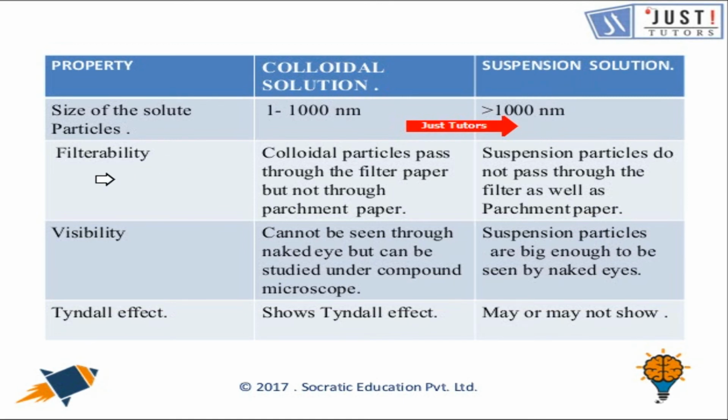Filtrability: the colloidal particles pass through filter paper, but suspension particles don't. Visibility: colloidal particles cannot be seen through naked eyes. These particles are quite small. We cannot see with the naked eyes. But suspension particles can be seen with the naked eyes. Tyndall effect: in case of suspension, it may or may not show sometimes, but colloidal show Tyndall effect.